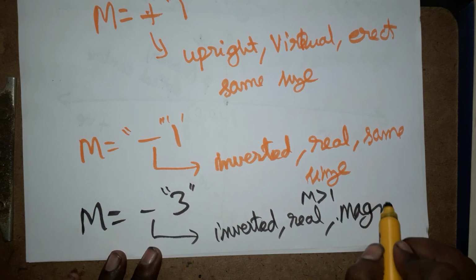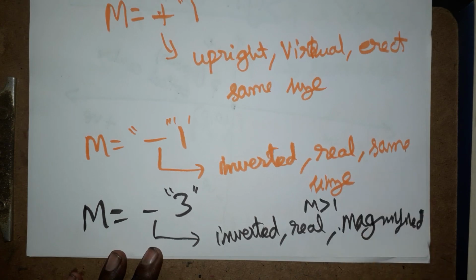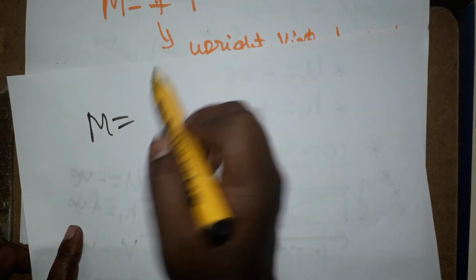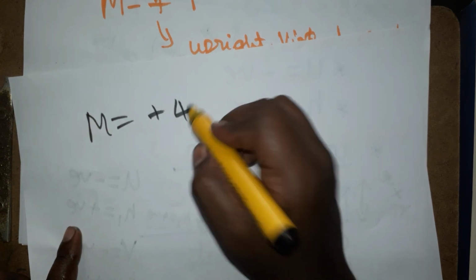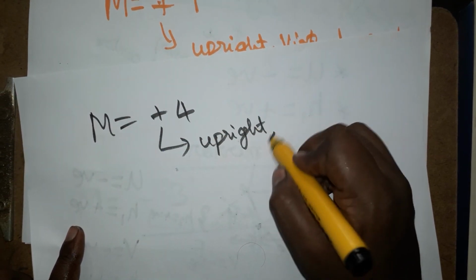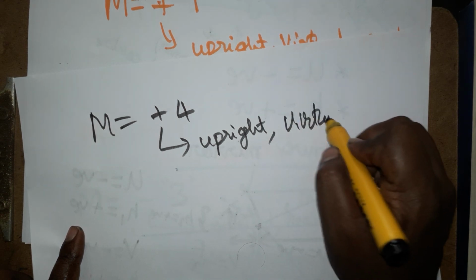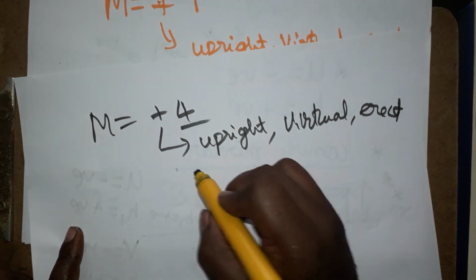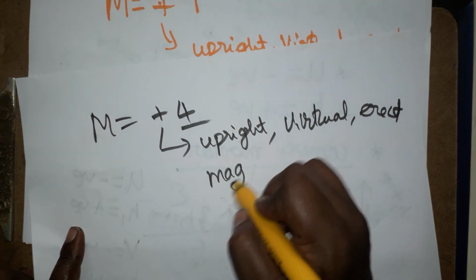Okay, it's a magnified image. Okay, next condition. In case I got m equal to +4, upright means virtual, erect. Okay, and it is 4, greater than 1, a magnified image.